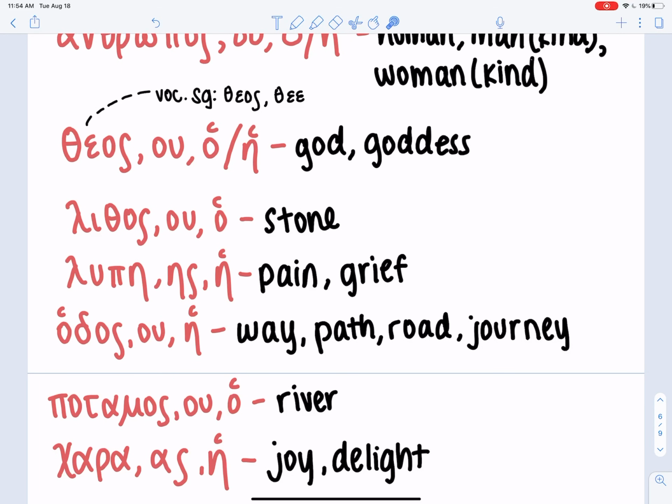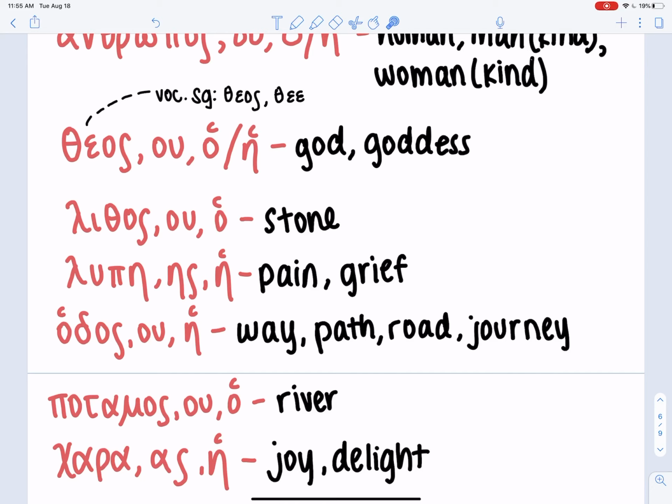Okay, so the next word is theos, which is also second declension, so it has that genitive singular, and theos can also be masculine or feminine, so we write both the masculine and feminine definite article. Theos is a god, or goddess when feminine, and in the vocative, theos is interesting because it can either stay as theos, breaking the rule that we just learned about how the vocative singular is not the same as the nominative singular all the time, or it can be thee.